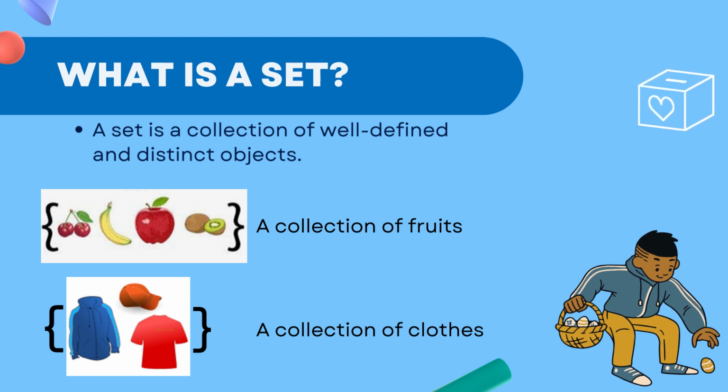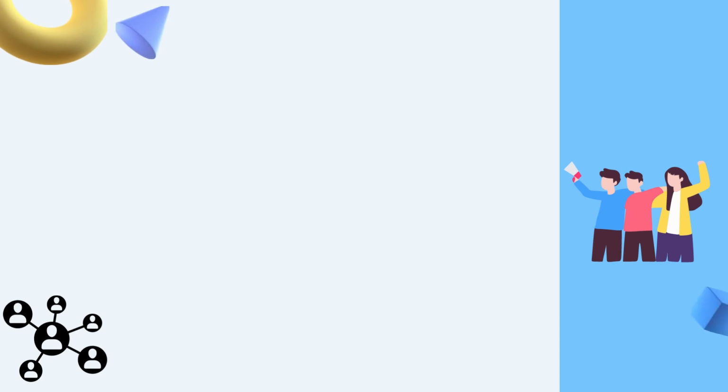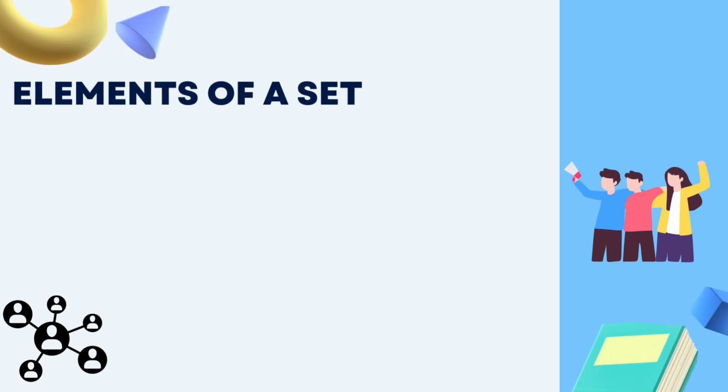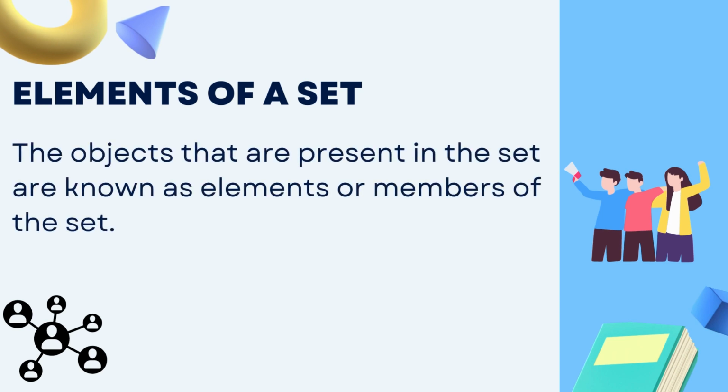Moving on to the next content, we are going to understand what elements of a set are. The objects that are present in a set are known as elements or members of the set.